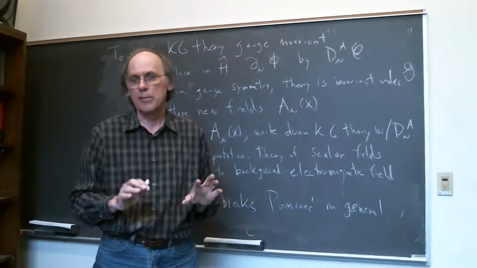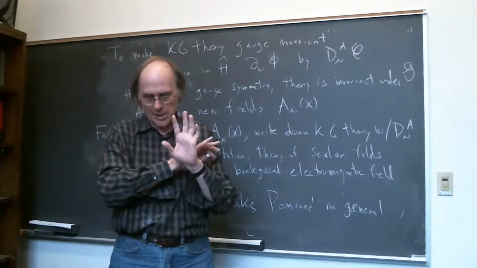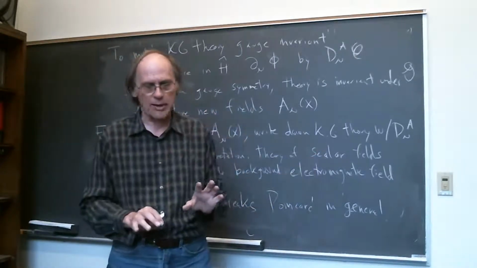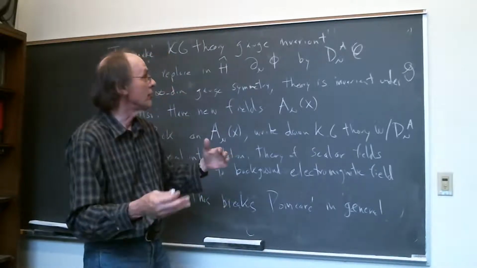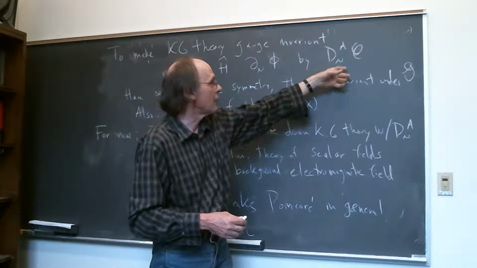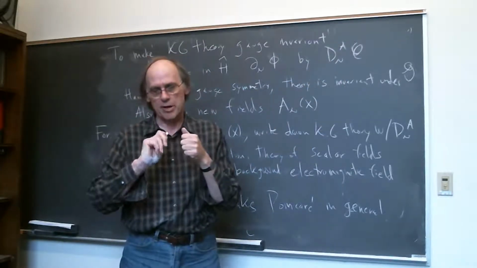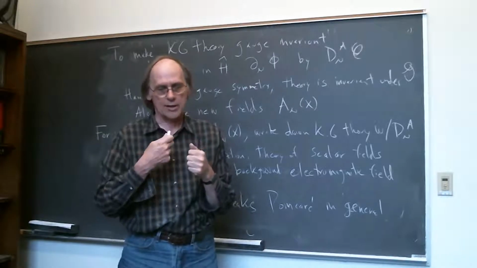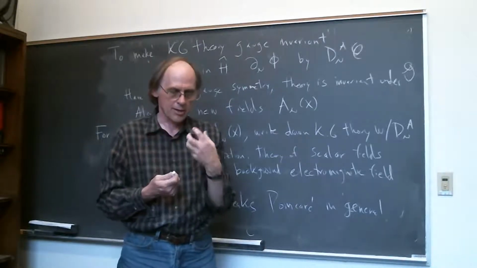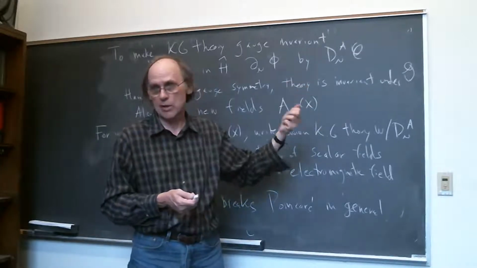It's just sitting there. You're now writing down a theory of arbitrary numbers of particles, where those particles interact the way you would expect a charged particle to interact with the electromagnetic field.